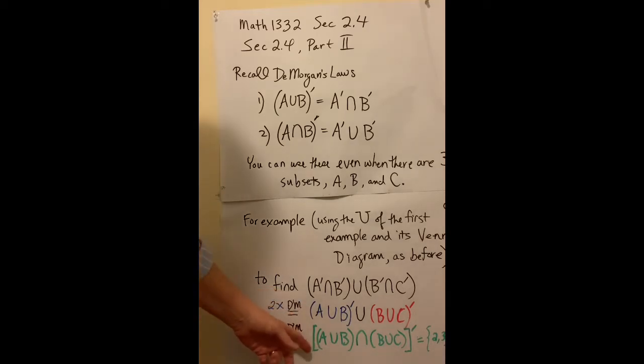Now, assuming I'm using the same Venn diagram as before, the same universal set and the sets A, B, and C that we defined in the first part, how do I know it's equal to that? Well, this is where the Venn diagrams help quite a bit.